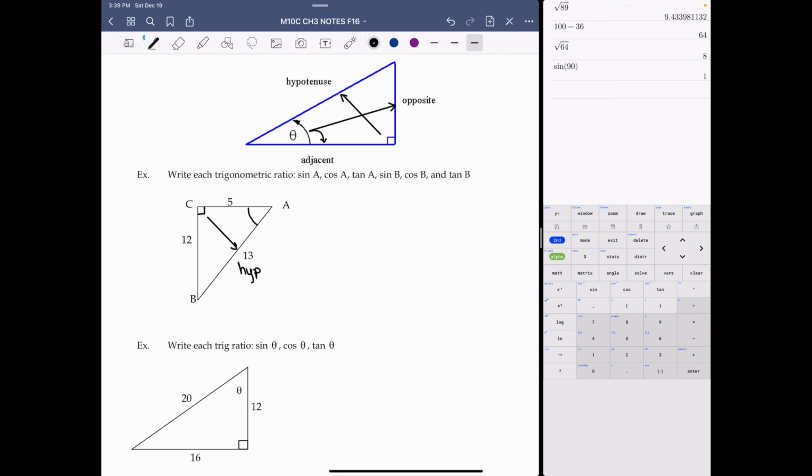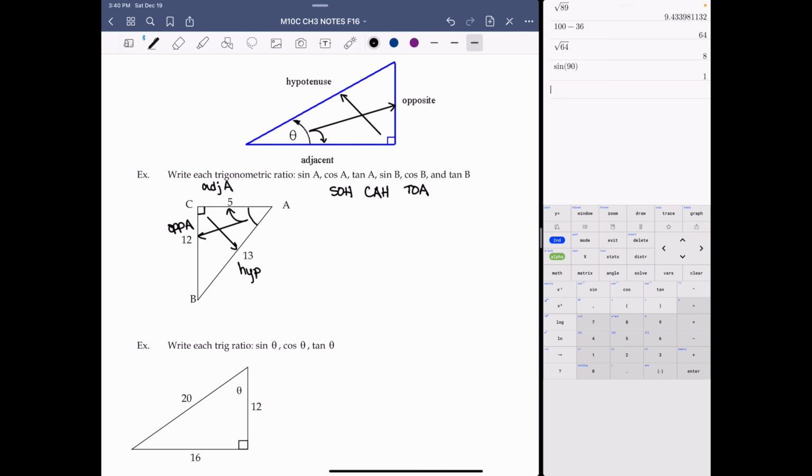So from angle A, 12 is opposite. So I'm going to put opposite A, and 5 is adjacent. So I'm going to put adjacent A. Then I want to do sine A, cos A, and tan A. I can write SOHCAHTOA to help me remember which one is which.